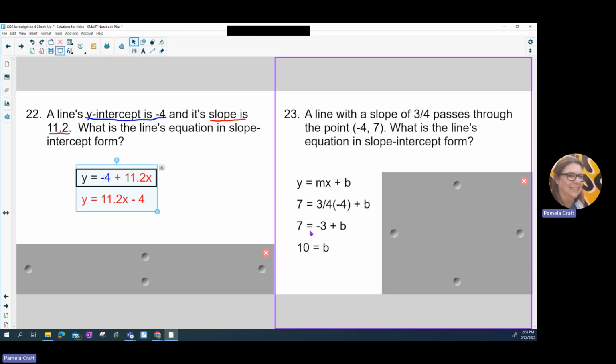And I can either add 3 to both sides, or I can think to myself, what would I have to add to -3 to get to 7? And both ways, you would end up with b equaling 10. So you're going to write your equation out. Y equals your slope 3/4 x plus 10, which is your y-intercept.